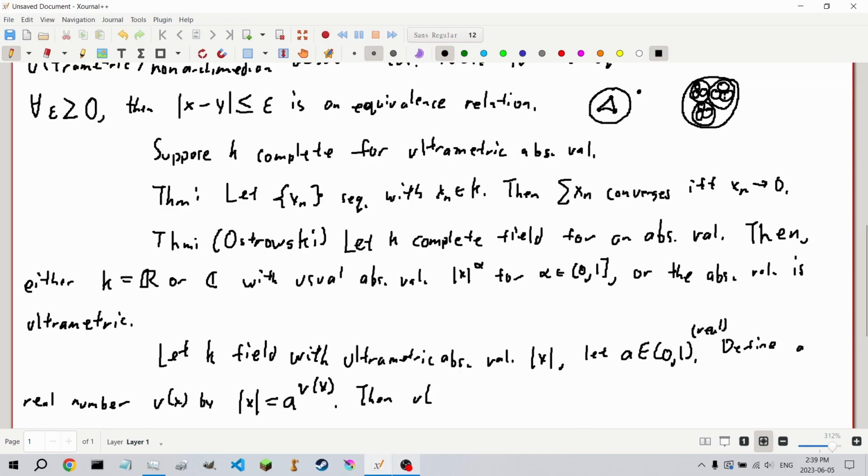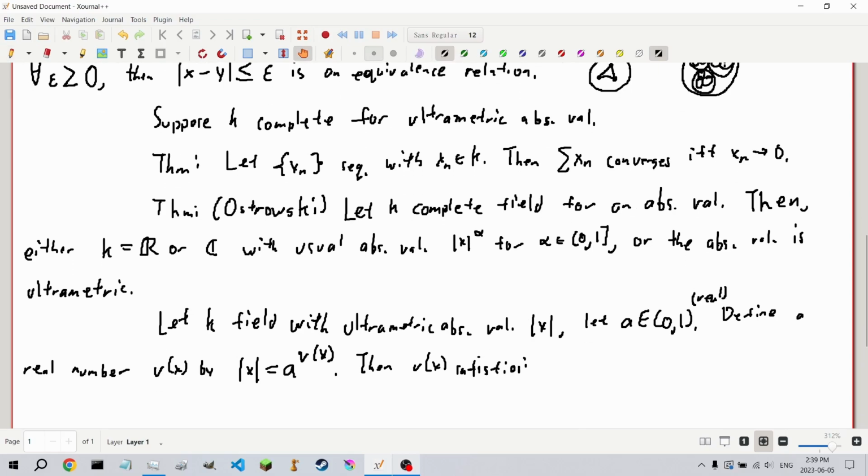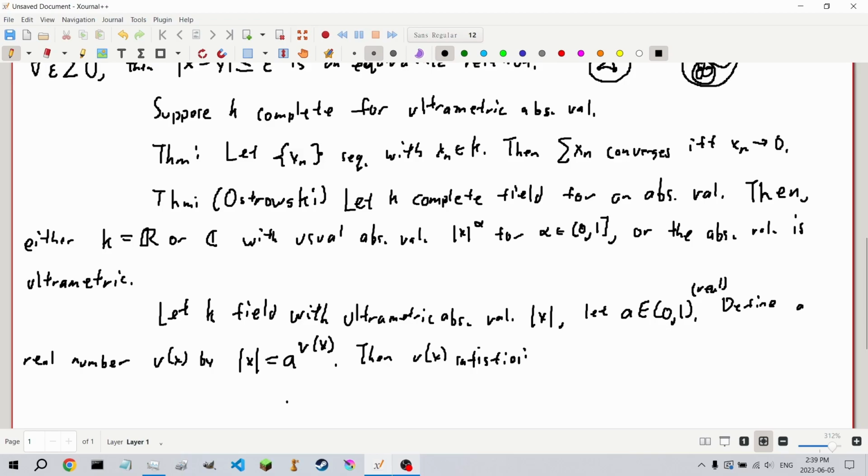Then v of x satisfies, first off, v of x is positive infinity, so it's on the extended reals, if and only if x is 0.